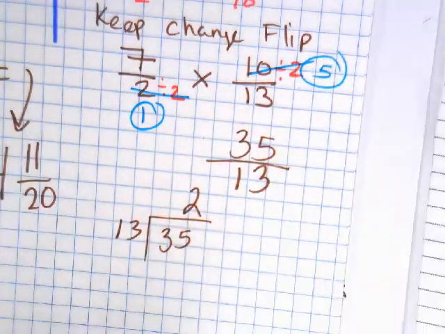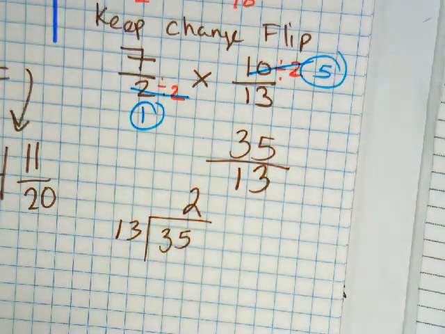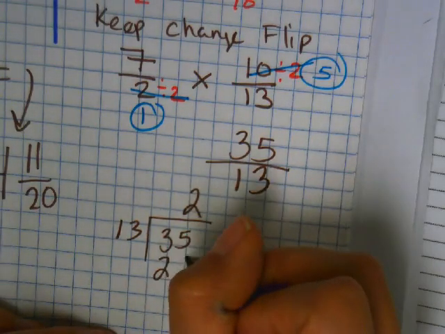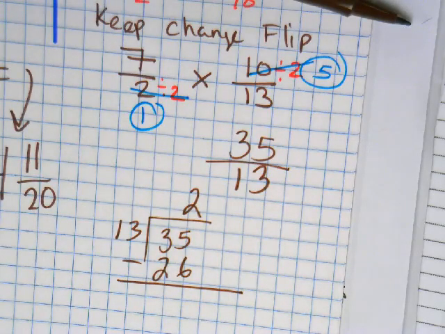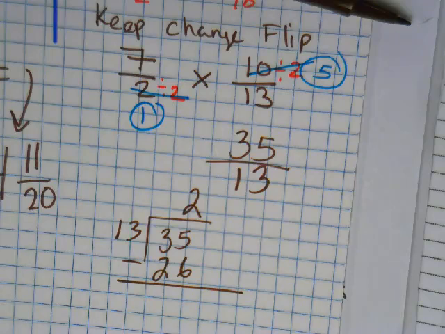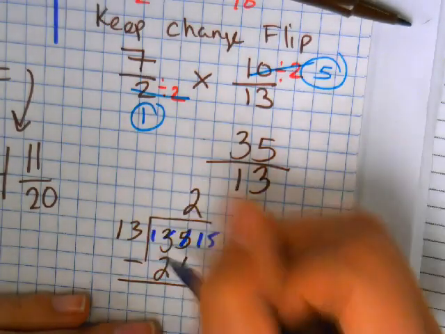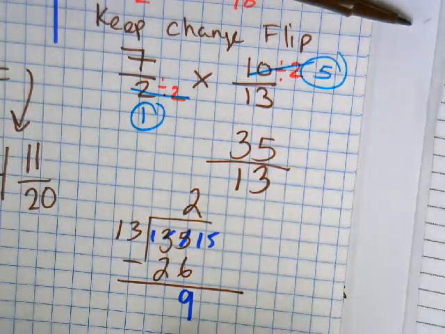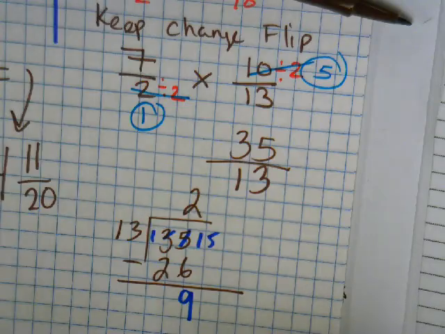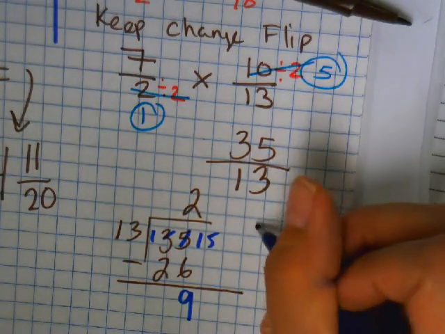What's 2 times 13? Subtract. It's not 11. It is 9. All right. Who wants to raise your hand and tell me the mixed number? 2 and 9 over 13. Very good.